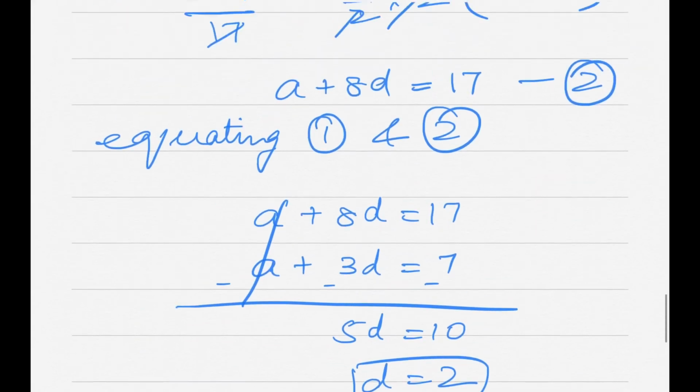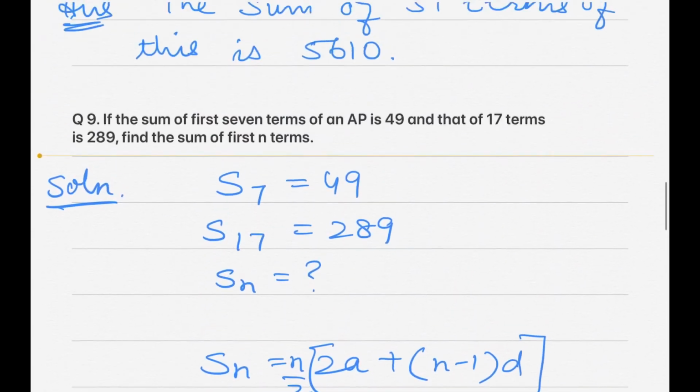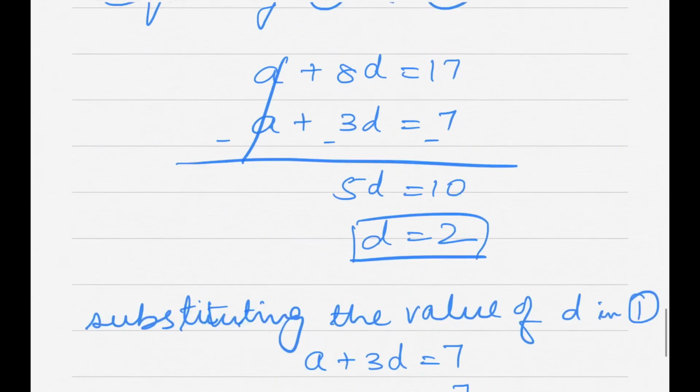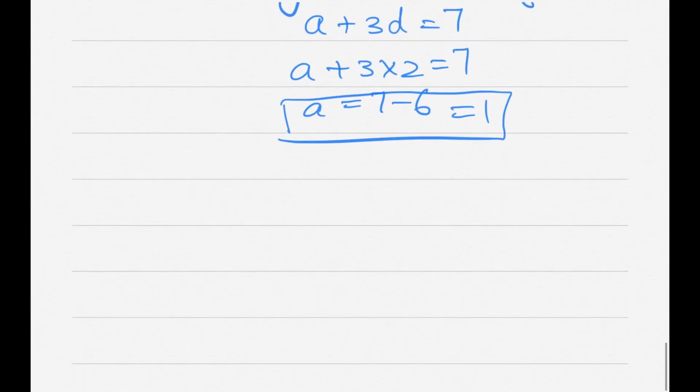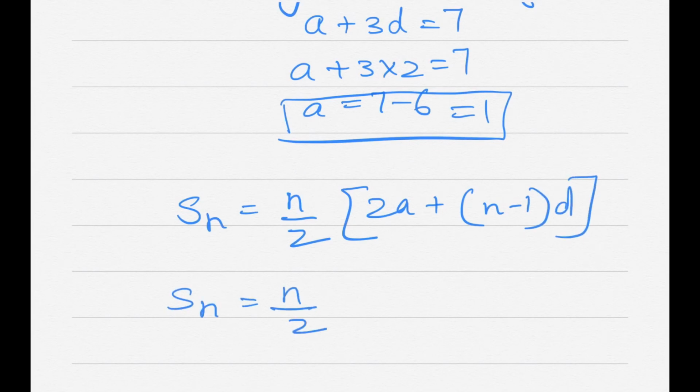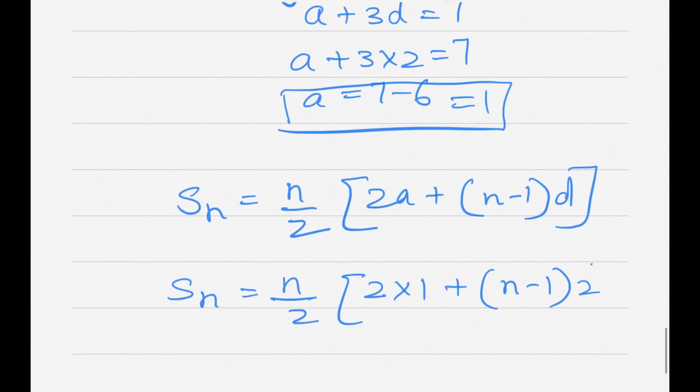Now what do I have to find out? I have to find the sum, the Sn formula. So again I'll write down my formula: Sn is equal to n by 2 into 2a plus n minus 1 into d. Let's substitute the values. Sn will be equal to n by 2 into 2 times 1 plus n minus 1, and my d came out to be 2.